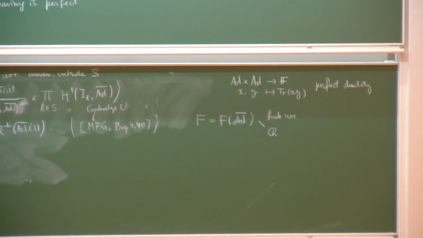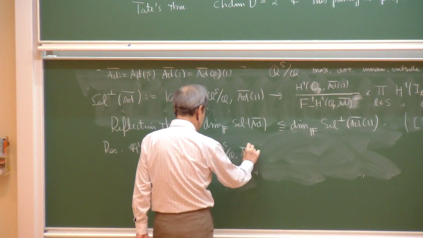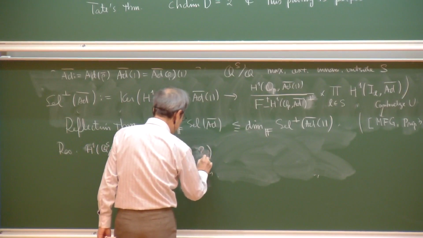So the point here is that you want to have a restriction map from cohomology H1 of Q_S over Q to H1 of Q_S over Q with ad bar, or ad bar(1), maybe.